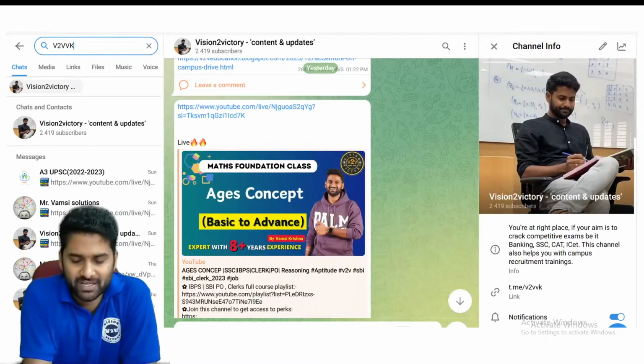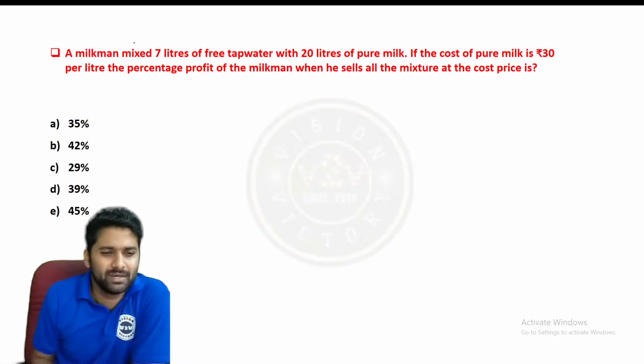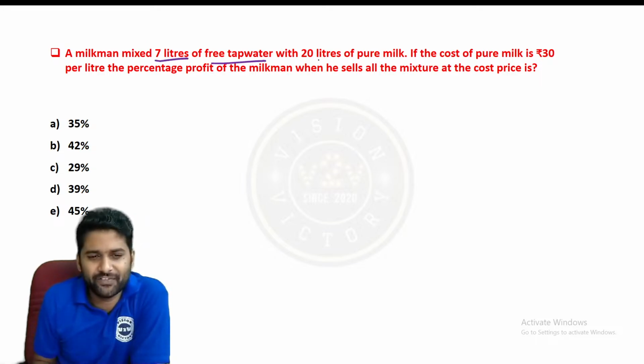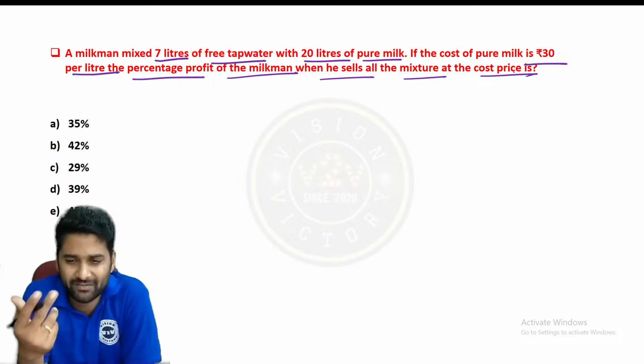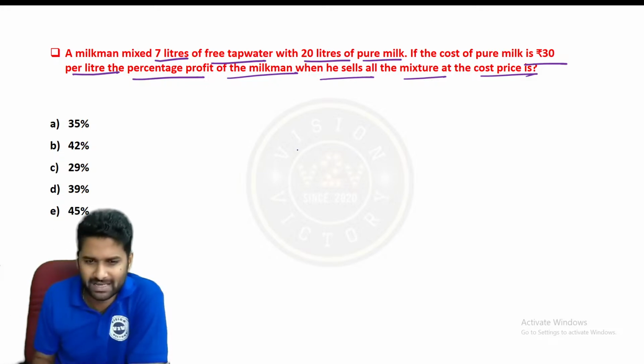See the concept of allegation and mixtures. A milkman mixed 7 liters of free tap water with 20 liters of pure milk. If the cost of pure milk is 30 rupees per liter and he sells the mixture at cost price, how much percentage of profit will he get? Just a simple point. Guys, just think in this way.